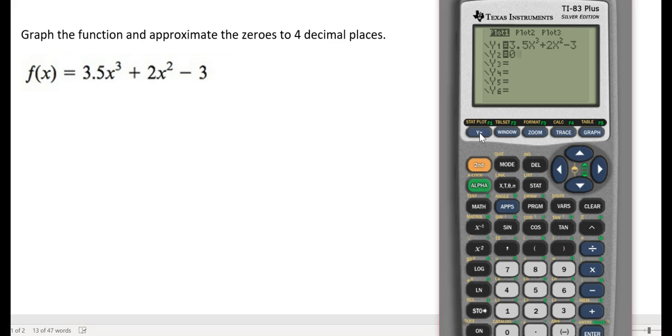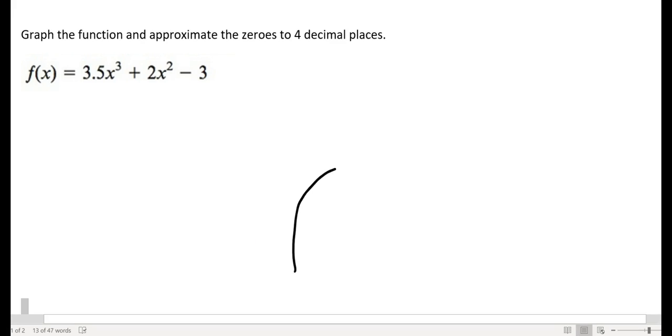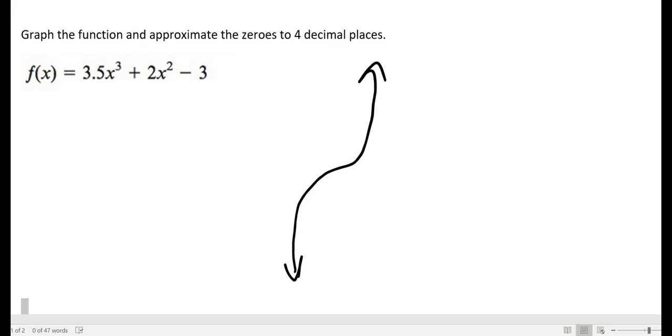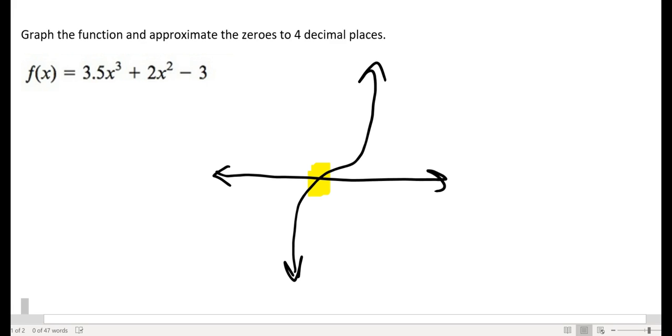So now I have 2 functions graphed. I've graphed my first function, and now I just graphed that x-axis, y equals 0. I'm going to use the trick of finding where they intersect. So I'm looking for this spot right here, and I'm going to use the intersect tool on the calculator.